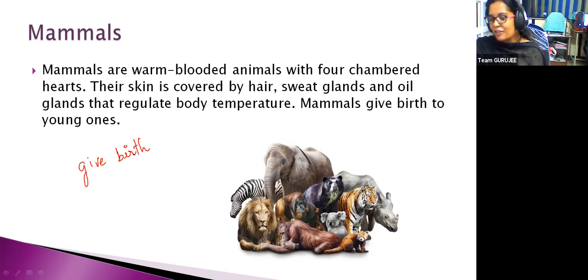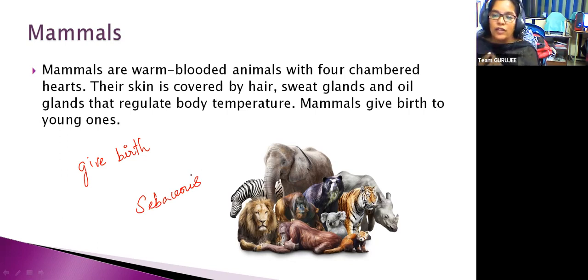Their skin is covered by hair. In birds, the skin is covered by feathers; in mammals, the skin is covered with hair. What are the other things present in skin? Sweat glands, oil glands, and sebaceous glands. The oil gland is otherwise called the sebaceous gland.